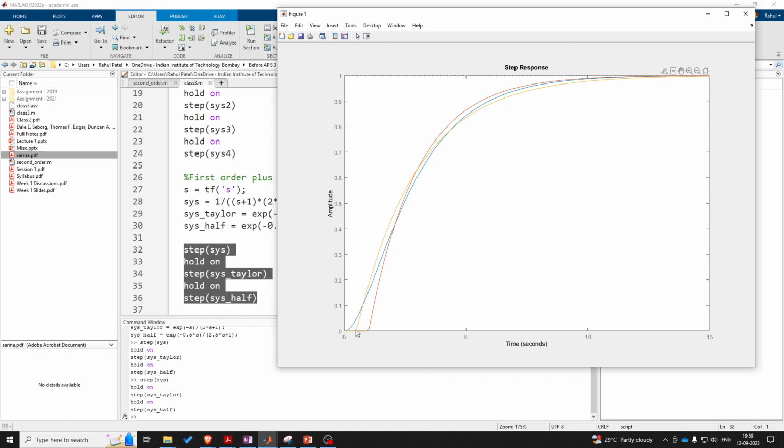Over here the time delay is less, and ultimately it reaches the same step response as the original system. That is, both of these approaches do a reasonably good job of approximating this higher order system using FOPTD. So similarly, given any higher order system, we can approximate it by first order plus time delay systems.